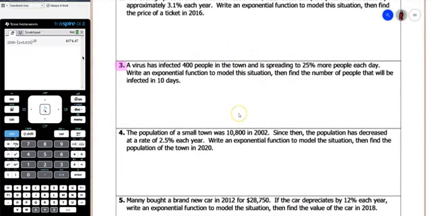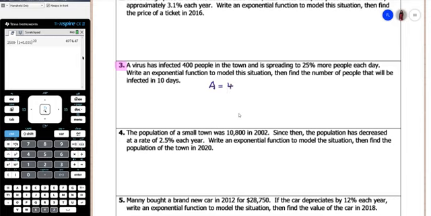Now number 3, this one seems very applicable to what's going on today in our world. We've got this virus that has infected 400 people in the town and is spreading to 25% more people each day. Write an exponential function to model this situation, then find the number of people that will be infected in 10 days. So it is spreading to more people each day, meaning we have growth.